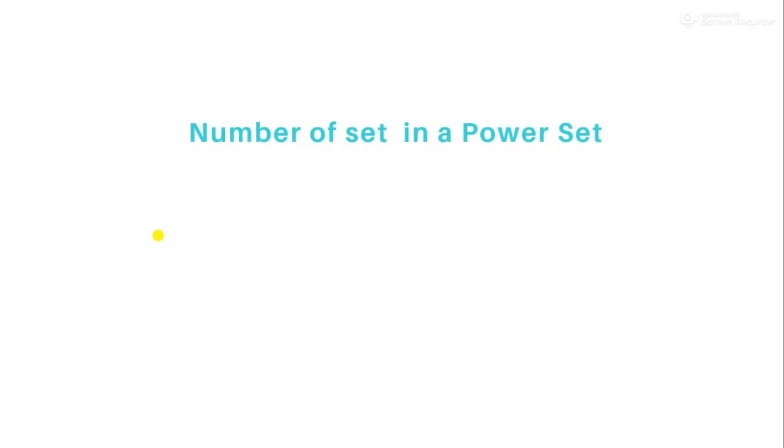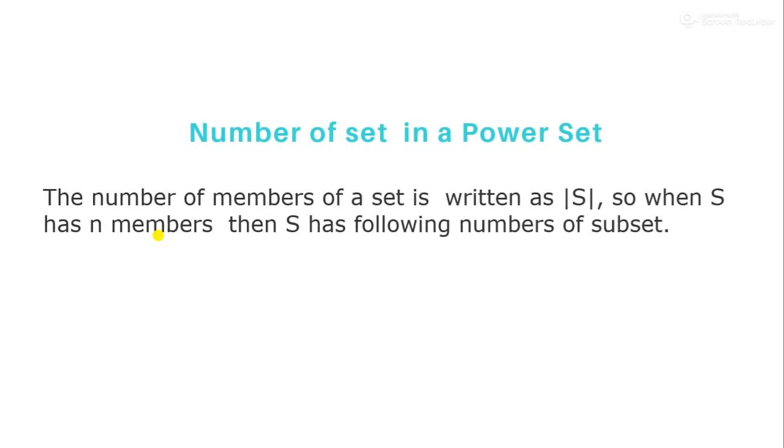We have a simple formula to calculate the total number of subsets of a given set. Using this formula we can calculate the total number of subsets. P denotes the power set of the set, and we have 2 to the power n subsets.